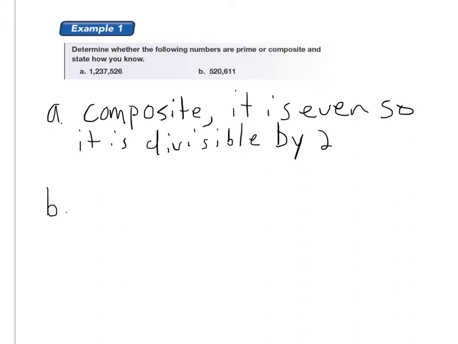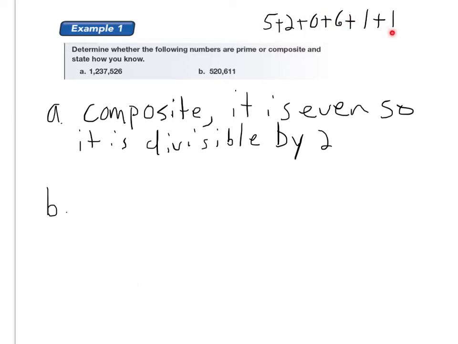So I'm down to the test for 3 and 9. Those are the ones where we have to add up all the digits. So we're going to take 5 plus 2 plus 0 plus 6 plus 1 plus 1. We're going to add all those up. Well, 5 plus 2 is 7. 7 plus 6 is 13.